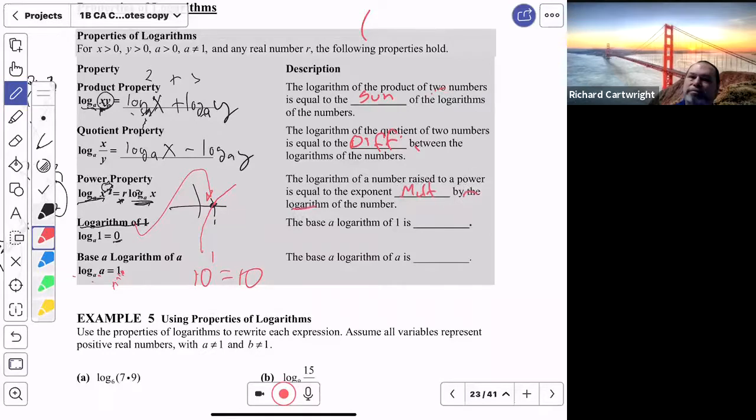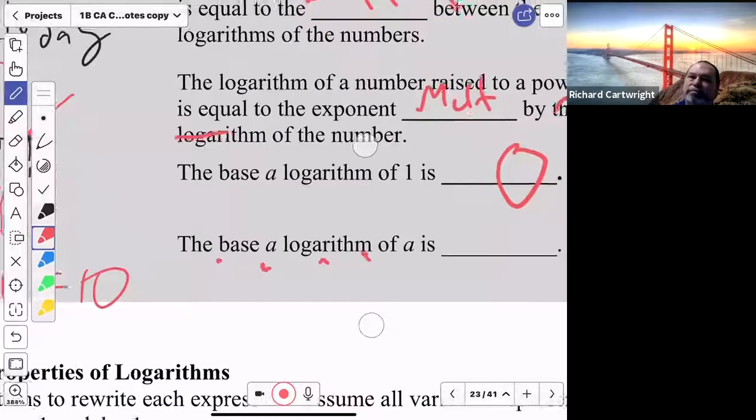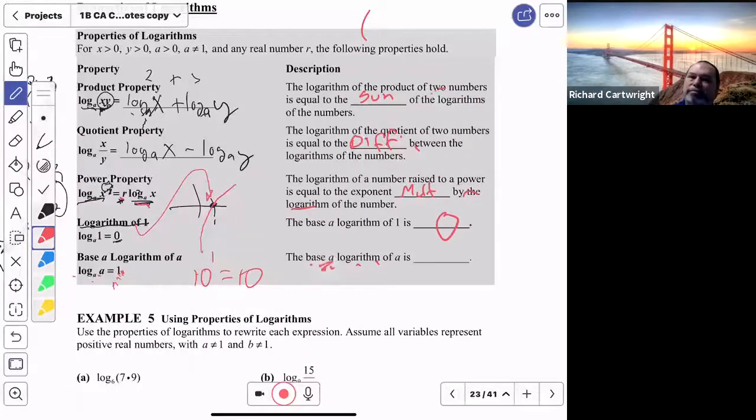That's this r times the log, if that's an r. The base A logarithm of 1 is 0, and the base A logarithm of A is 1.